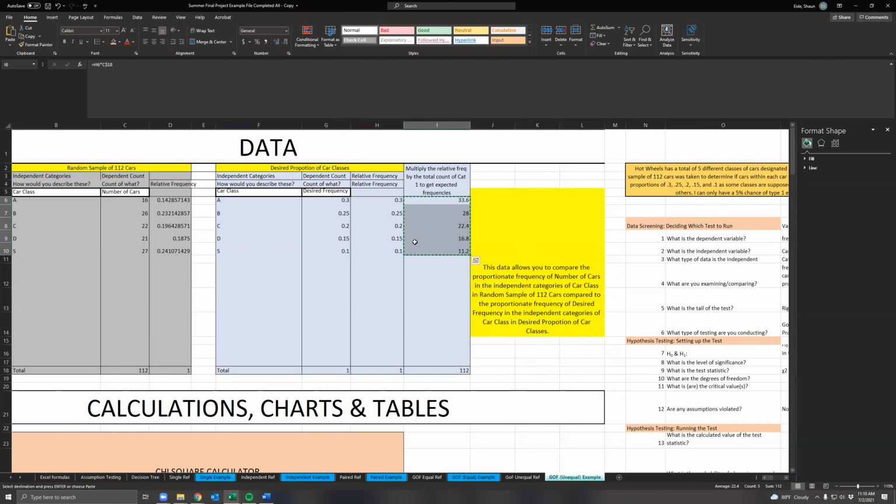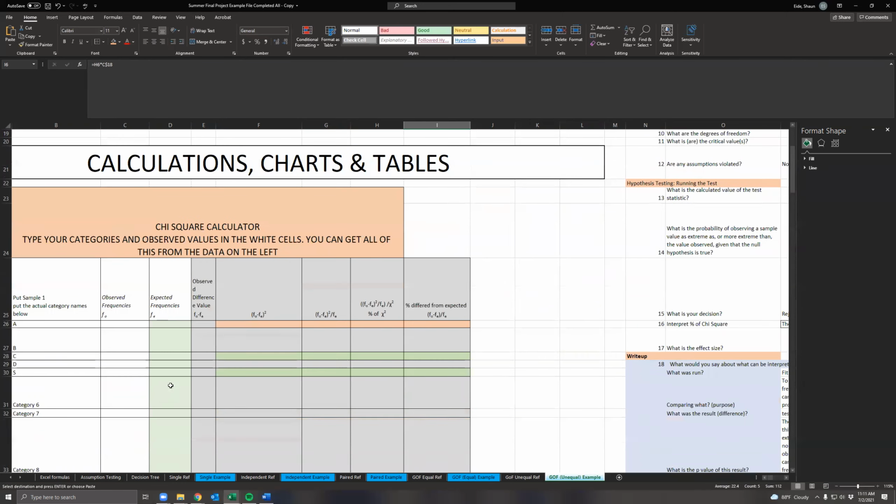And this is really the only difference between goodness of fit for equal proportions and unequal proportions. Instead of having it equal all the way down, you're saying this is what I want it to match, which is unequal. So I'm going to copy this and make sure that these match up, you know, A, B, C, D, A, B, C, D, S, A, B, C, D, S, and I'm going to bring it right down here, and I'm going to paste the values.